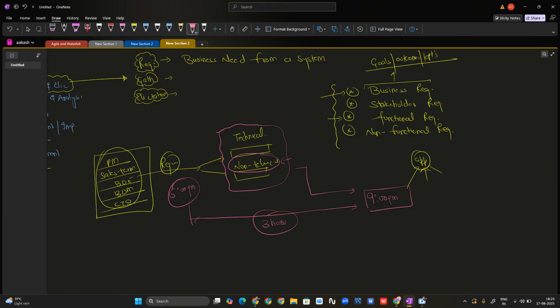Let's suppose if it is a technical requirement, then the project manager will come into the meeting. Once the project manager comes in, as I told you in the previous class as well, there is a separate line between the management team and the development team. You cannot disclose any price-related things or any per-hour dollar rates in front of the project manager.